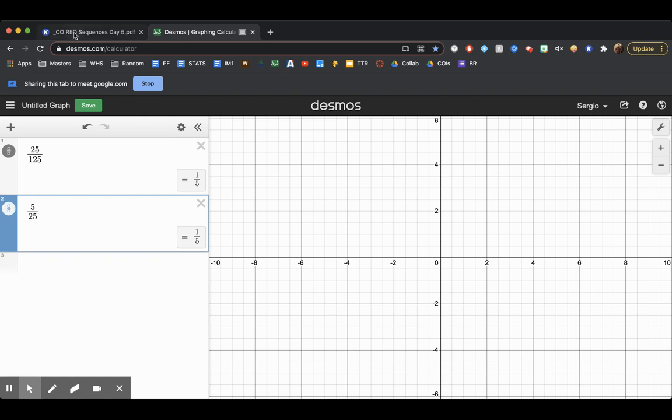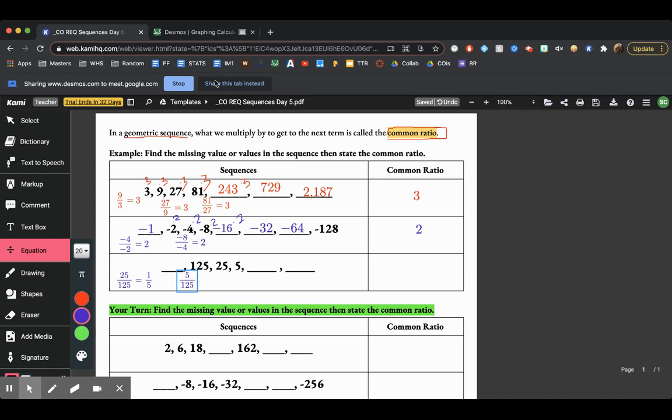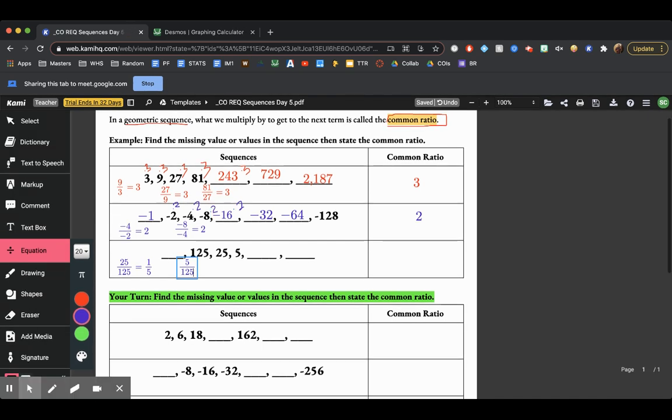So it's the same thing. Back on my worksheet, the common ratio is equal to 1/5. Since I got the same answer for both of them, the common ratio is 1/5.